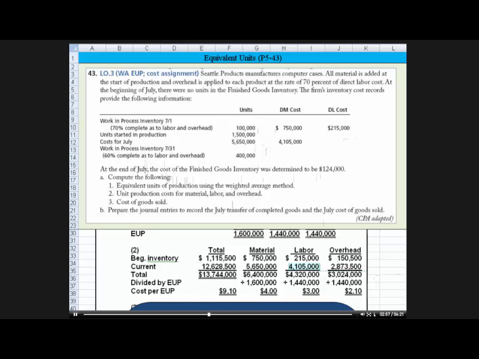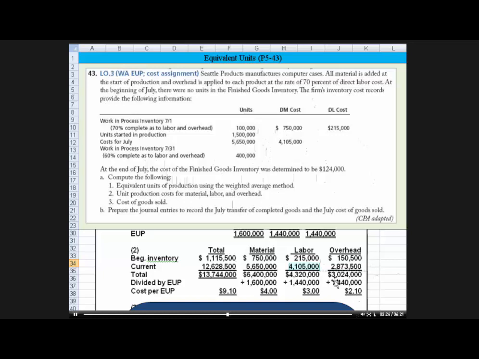Now how we calculate that is we put the 750,000 from there, we take the 215,000 as direct labor, and they tell us 70% of the direct labor number is the overhead number. And if you multiply 215,000 times 70%, you'll come up with the 150,500 that you see to the left of my mouse.